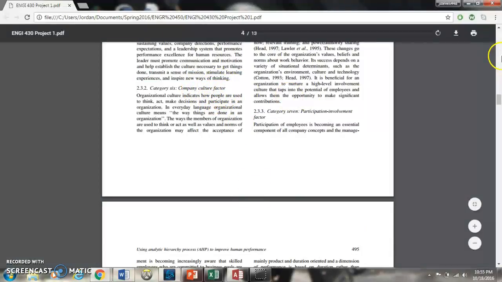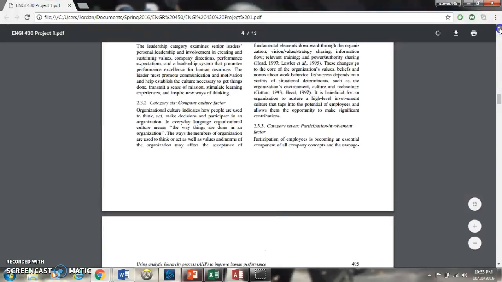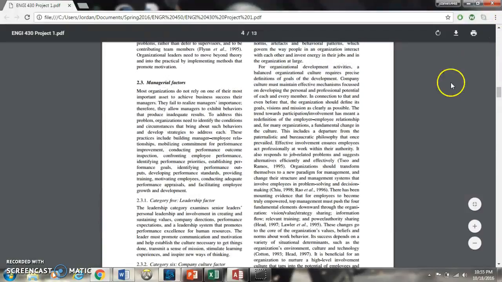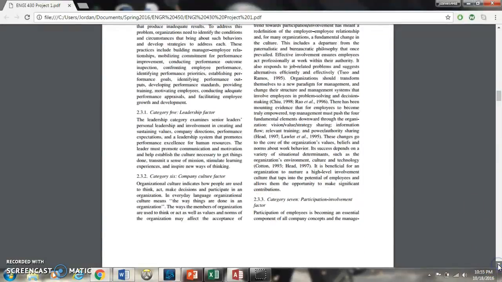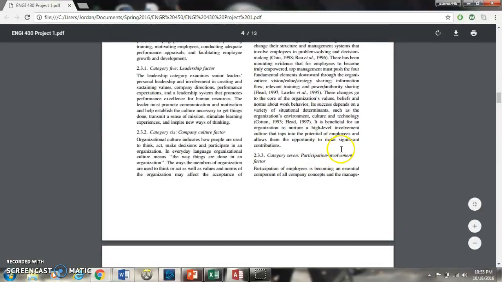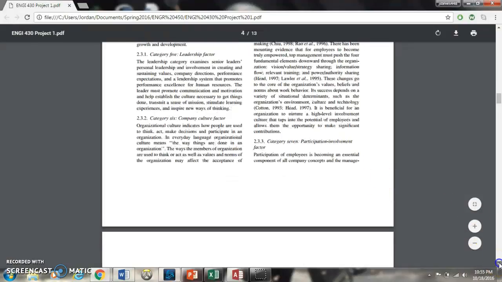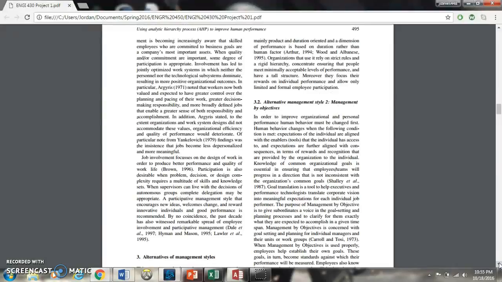How can we enact policies that promote good thinking and promote good thought of employees and reward good thought processes? The final subcategory of managerial is participation and involvement. How can you get the managers to be involved with their employees and vice versa, the employees involved with the managers so that they work together?